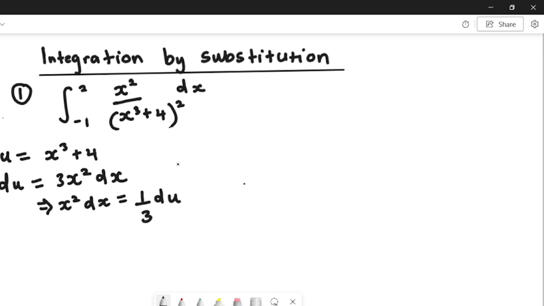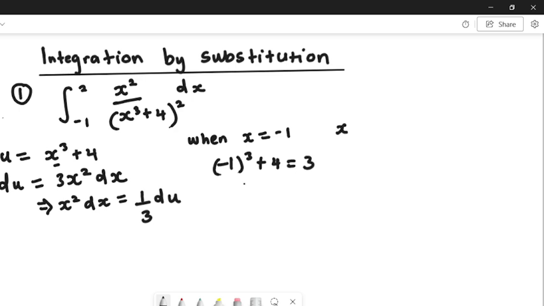Another thing is that we substitute the upper and lower limits to get new limits. When x is equal to -1, our new limit in u is -1 cubed plus 4, which gives us 3.